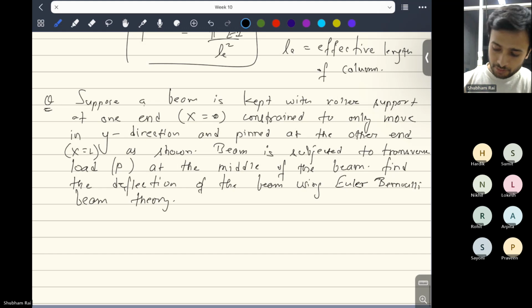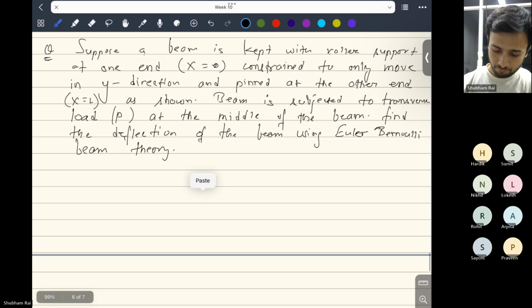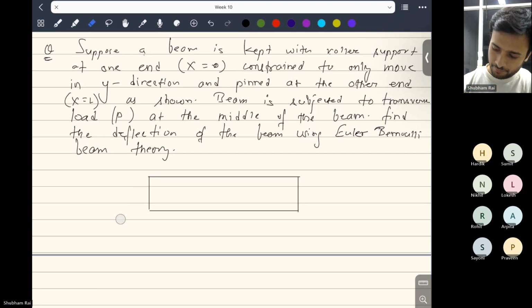Okay, so let me draw the figure. So the beam is like this. This is the fixed end of the beam. And let me say that there is a roller support here.